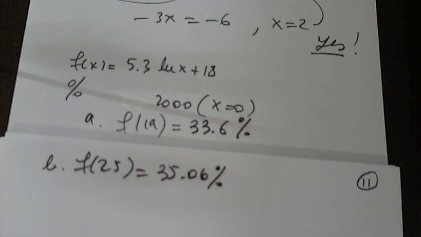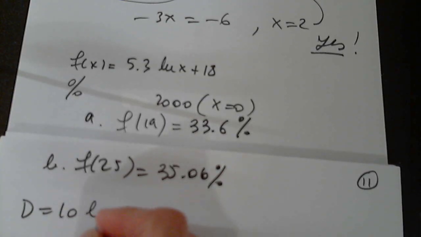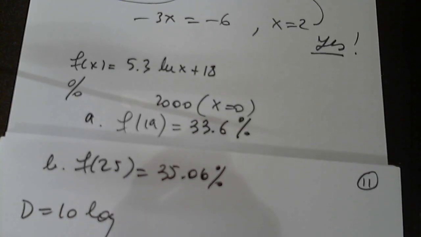The loudness level of a, oh, sorry. Sorry, we can do this one too. Okay, the loudness level of a sound D in decibels is given by the formula D equals 10 log, common log, base 10 in other words, 10 to the 12th multiplied by I, where I is the intensity of the sound in watts per meter squared.